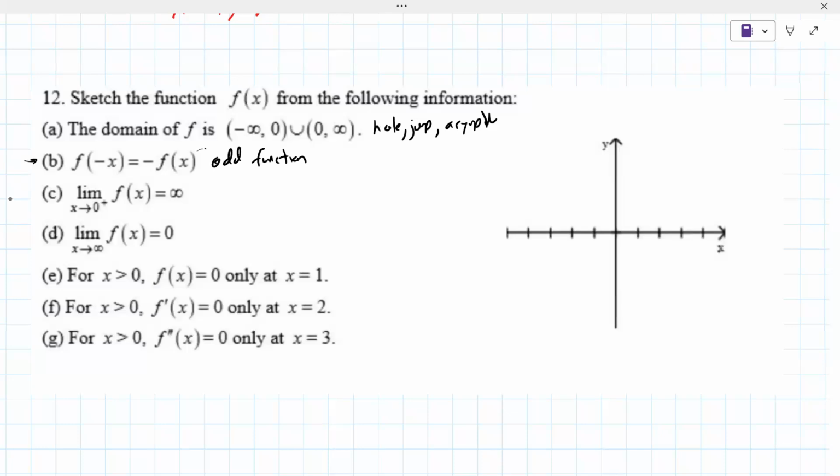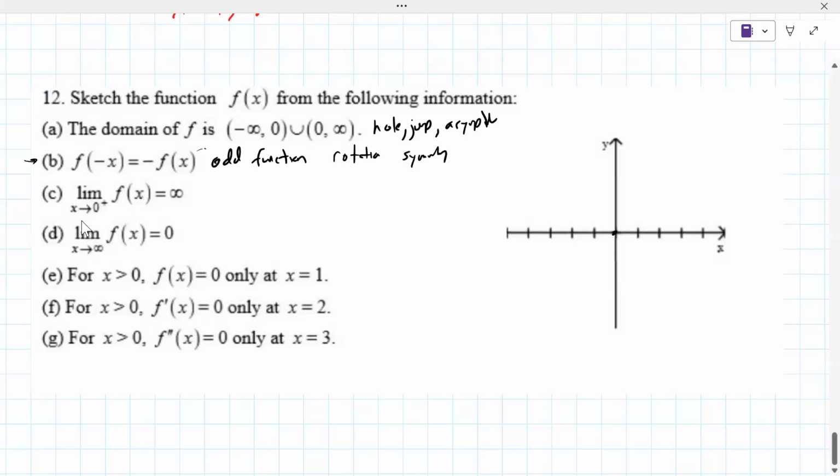It has rotation symmetry, which basically means whatever it looks like in the top right, it's going to look like on the bottom. It's going to be rotated about the origin. So that's just this small thing.